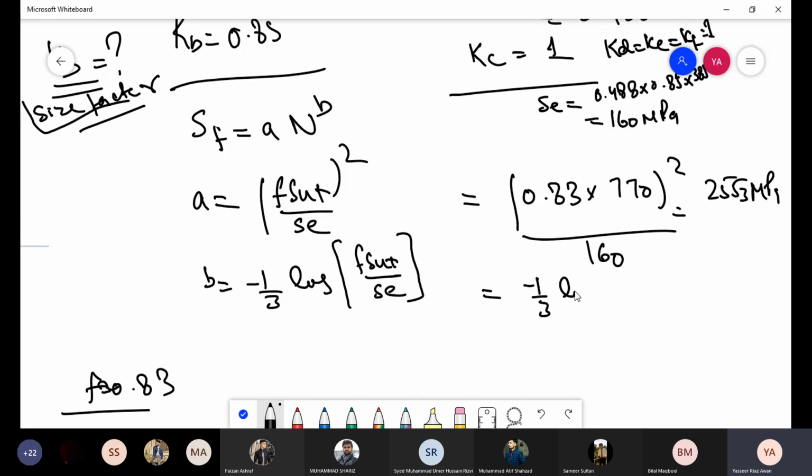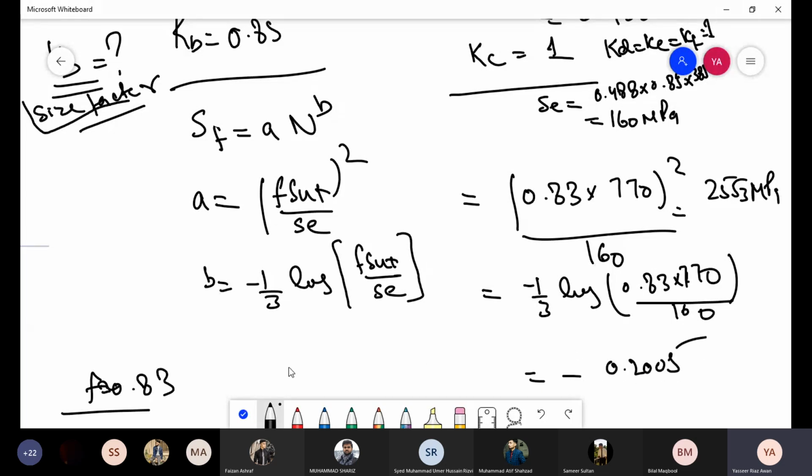So B is -1/3 log of 0.83 into 770 divided by 160. So that would give you minus 0.2005. So this SF would be equal to 2553 into N to the power B, and now you can have any number of cycles.